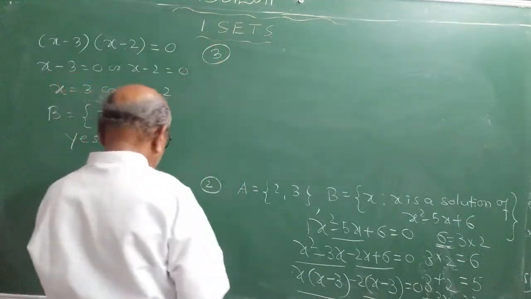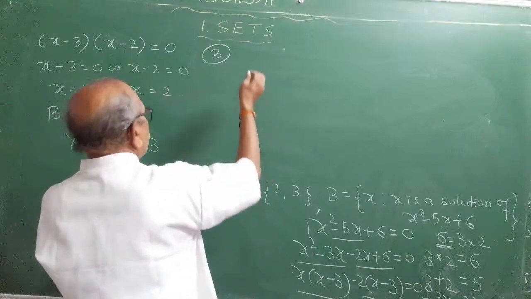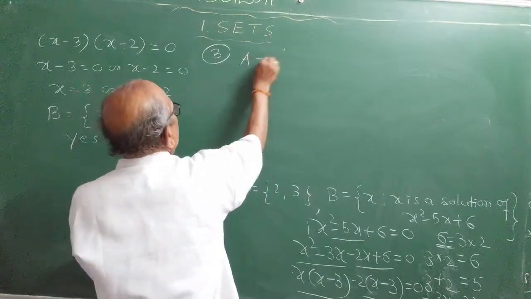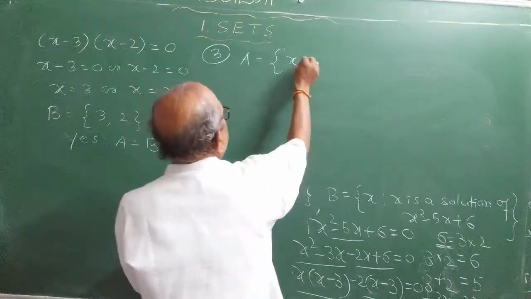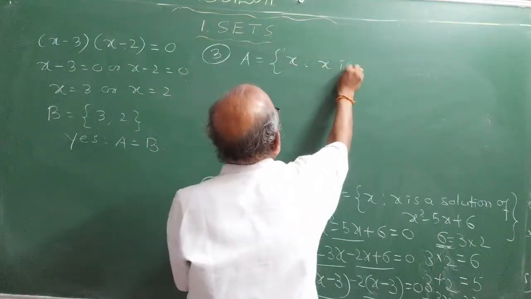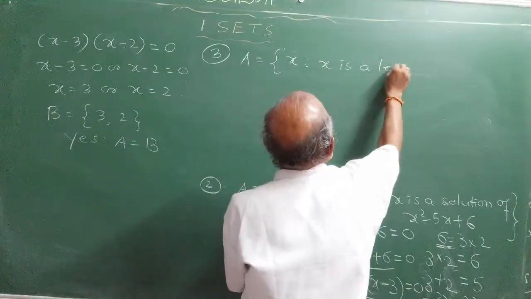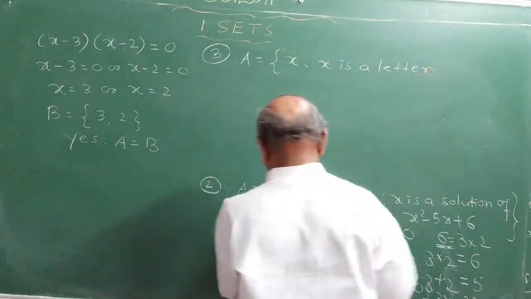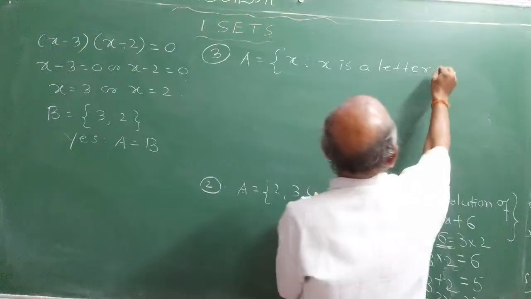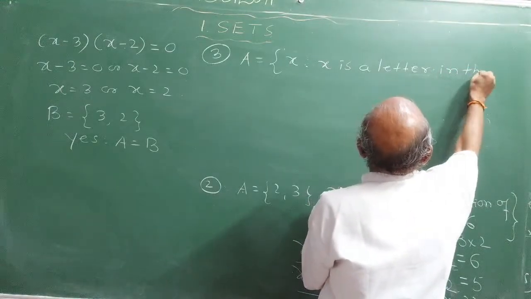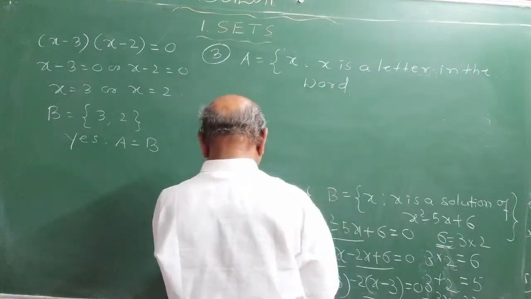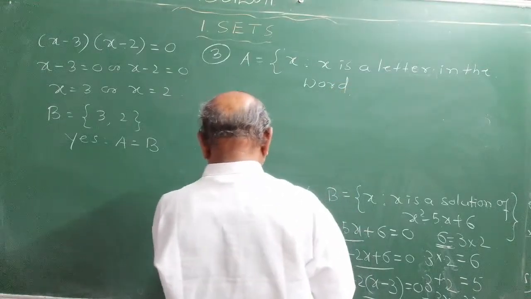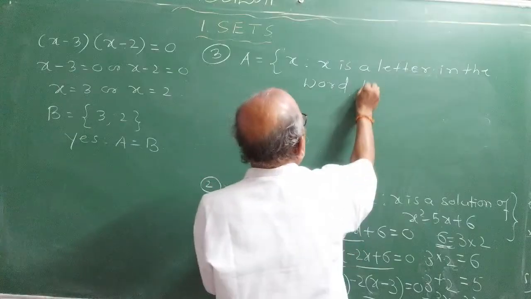Question number 3 on equal sets. Observe. A is equal to the set of all x such that x is a letter in the word FOLLOW.